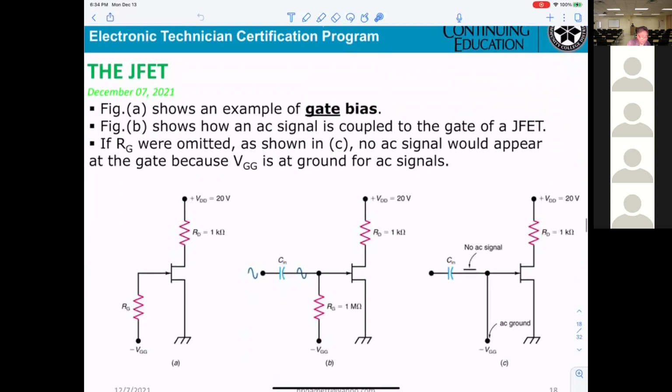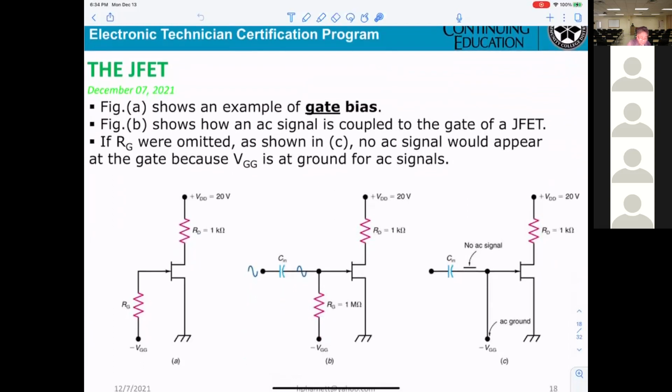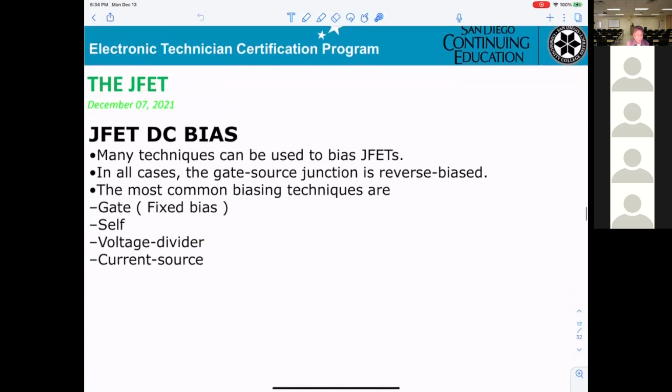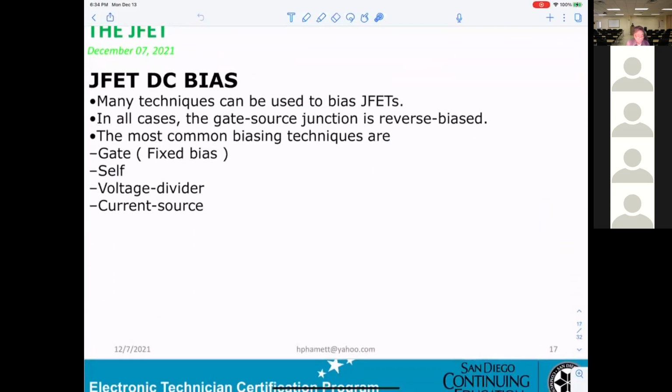Okay, now see what happened here. Mr. Fan, question. In the biasing, what different types of grounds are there? Copper, gold, silver? Would a ground plane made of a certain material cause a certain bias?